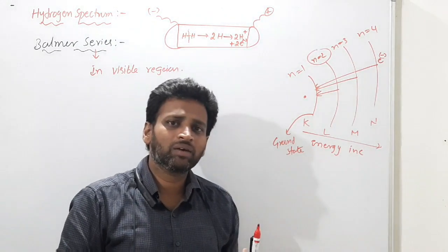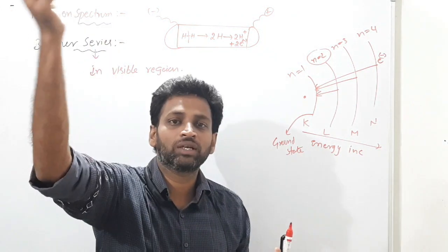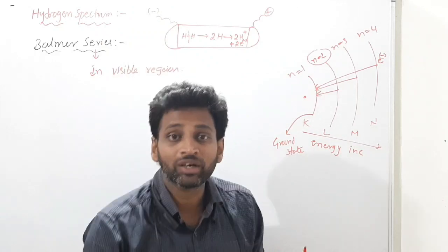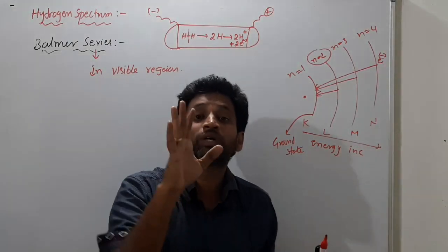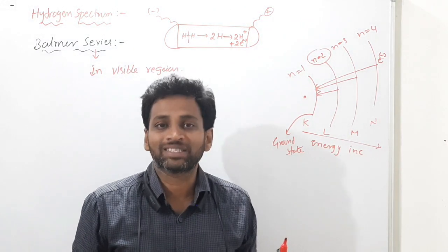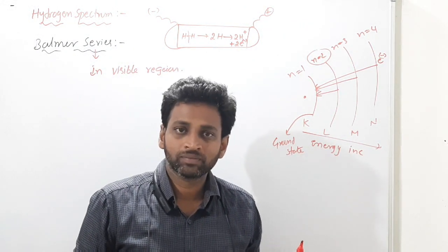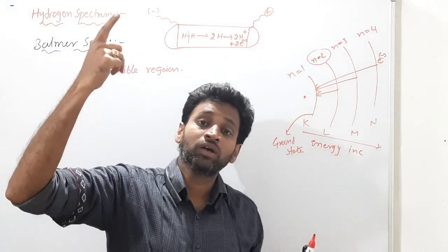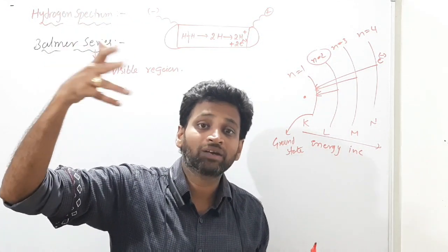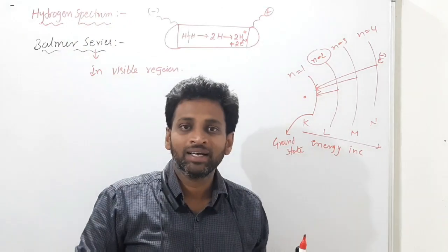Sir, why the second level? Why not the third level, why not the fourth level? And why is the electron not coming to the first level? Maybe it is coming, but in the visible region you cannot see those spectral lines. That is correct. Later on, Lyman, Brackett, Pfund explained those.